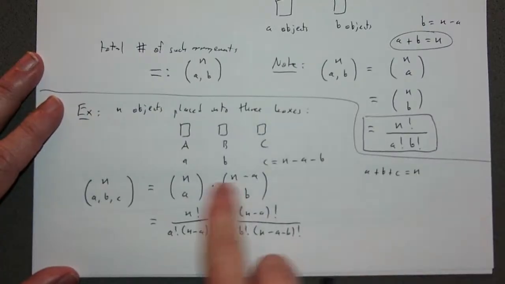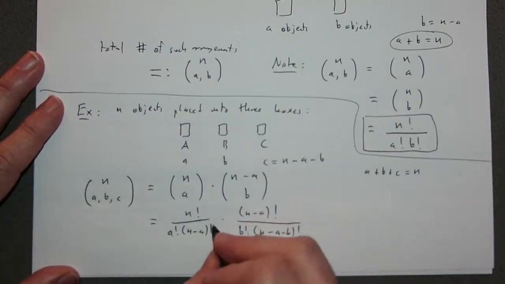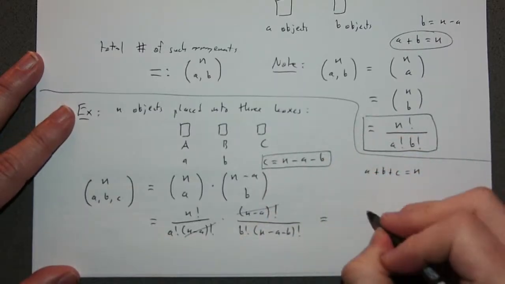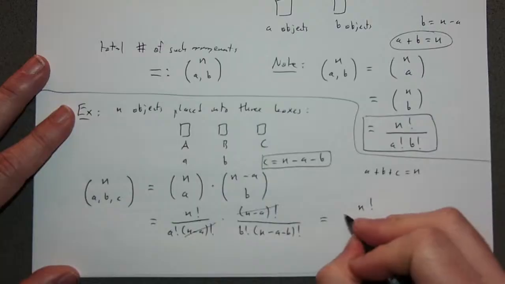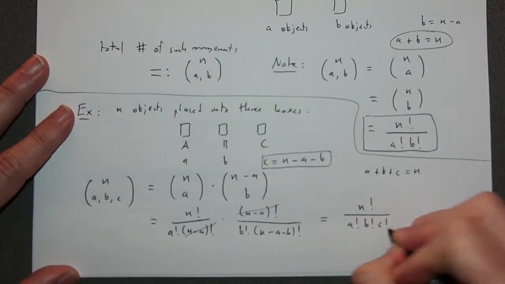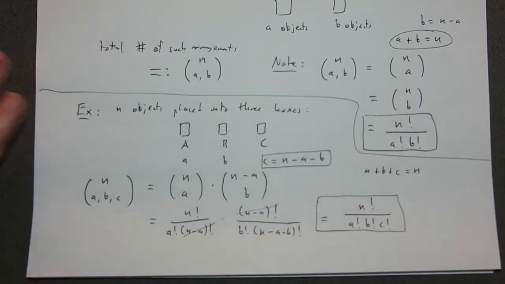Again, this is just the definition of these two binomial coefficients. The n minus a factorials cancel. N minus a minus b, that's c. So this is n factorial over a factorial times b factorial times c factorial. This expression is called a trinomial coefficient.